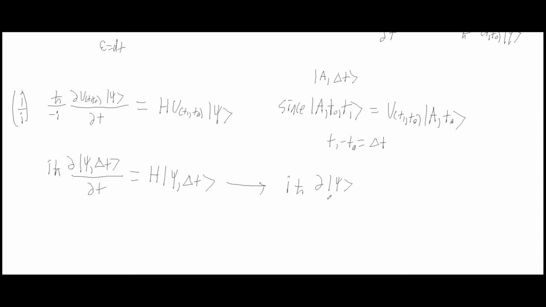You will oftentimes see this not in the ket vector, but I'll just keep it there. d/dt equals H, and then our state here.